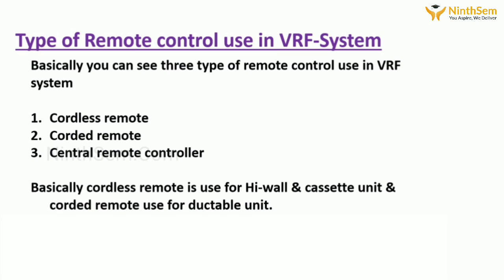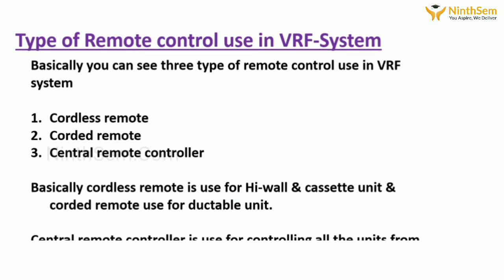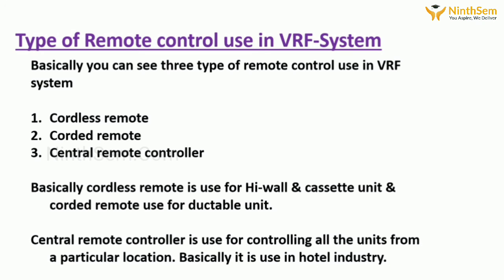Basically, cordless remote is used for high wall and cassette units, and corded remote is used for ductable units. Central remote controller is used for controlling all the units from a particular location. Basically, it is used in the hotel industry.